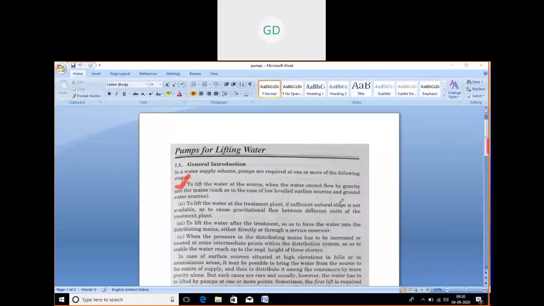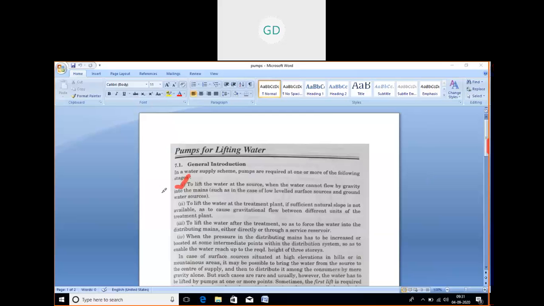You can take a screenshot, okay? Or if you want to write, you can write down, no problem. The first point is written as: to lift the water at the source when the water cannot flow by gravity into the mains, such as in the case of low-level surface sources and groundwater sources.